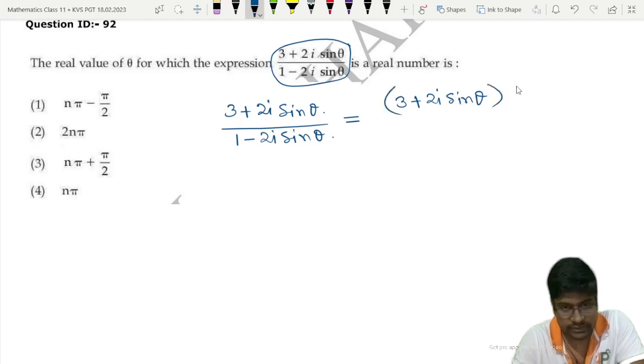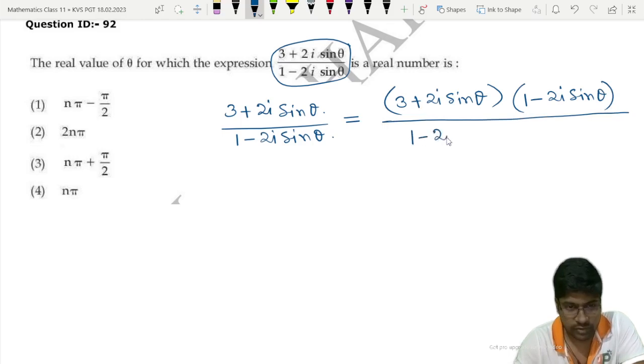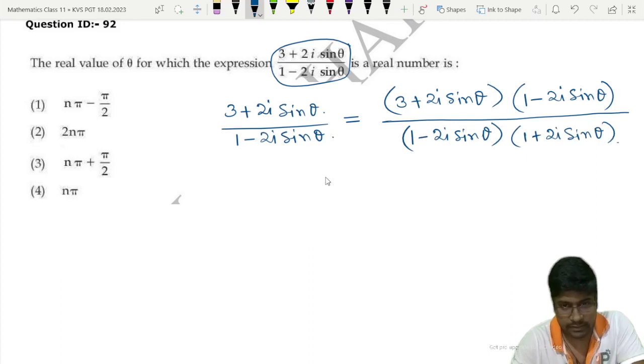So in the numerator, 3 plus 2i sin theta into 1 plus 2i sin theta, and in the denominator, 1 minus 2i sin theta into 1 plus 2i sin theta. Is it clear to everyone? Now just simplify it.